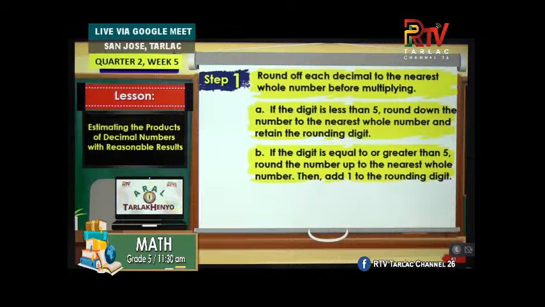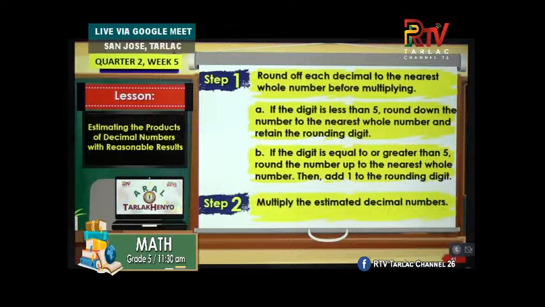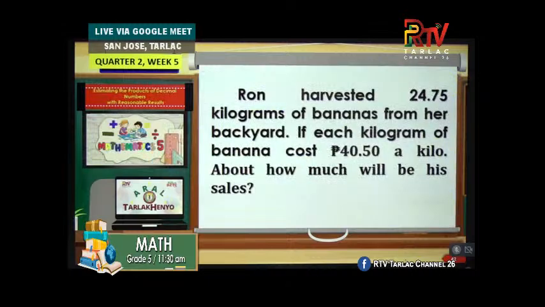Then, add 1 to the rounding digit. For step 2, multiply the estimated factors. Write the estimated product.